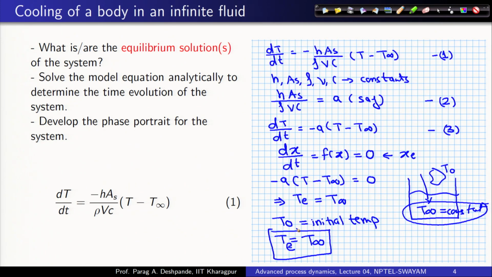Okay. So, now what we need to do is we need to solve the model equation analytically, to determine the time evolution. How can we know the time evolution of the system, and then correspondingly develop the phase portrait for the system. So, let us see how this can be done.